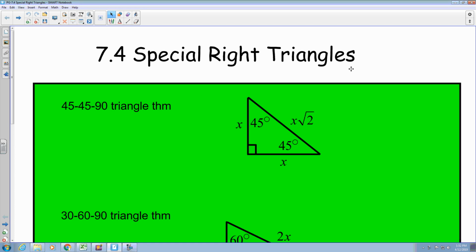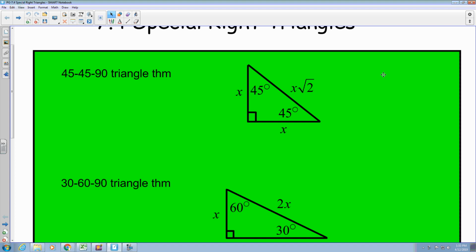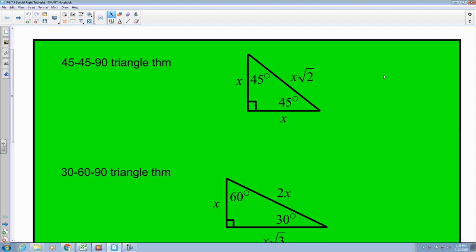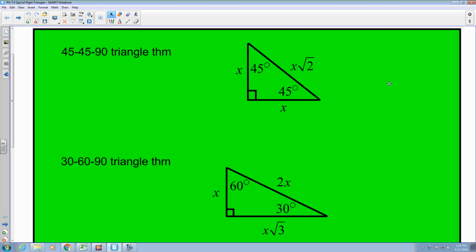All right, we are in section 7.4 where we are going to look at special right triangles. So there are two theorems that we are going to use to help us find unknown lengths to certain right triangles.